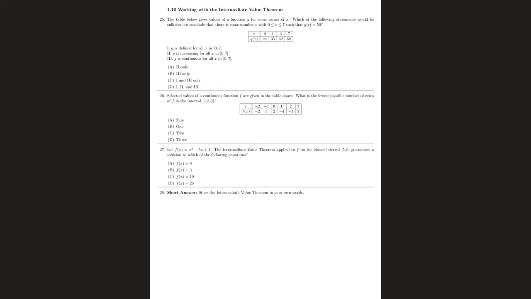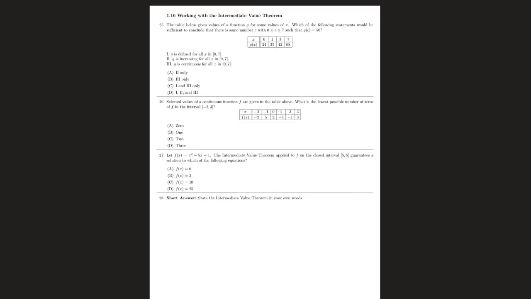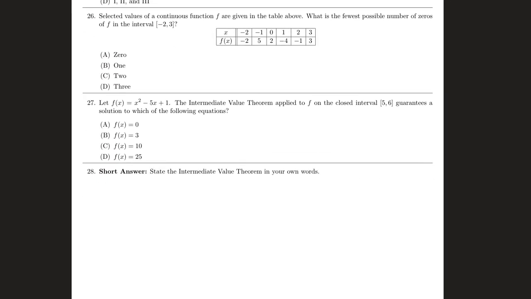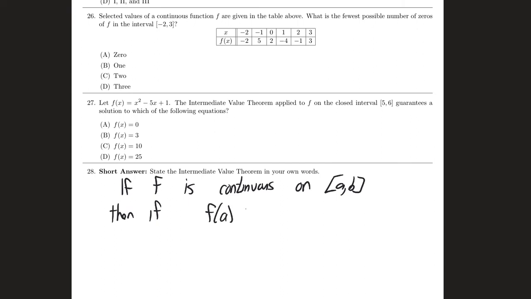And the last slide, the intermediate value theorem. Actually, let's start with the bottom one for this one, because what is the intermediate value theorem? It says if your function is continuous on some interval, a to b, then if there's some value, I think in the original one from the slides, I called it z.